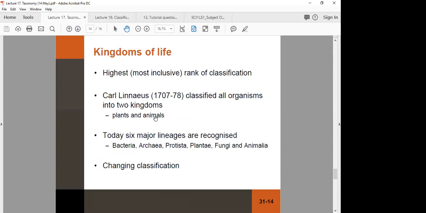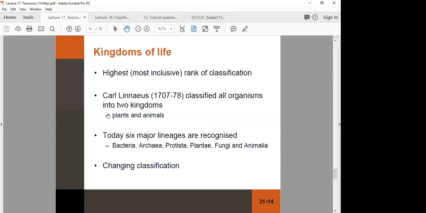Later on, in the 1800s, a 3rd kingdom was introduced, and essentially anything that didn't fit into plant and animal kingdoms was placed in that 3rd kingdom. Eventually 5 kingdoms were introduced, and now 6 major kingdoms are recognised: the bacteria, archaea, protista, plantae, fungi, and animalia.